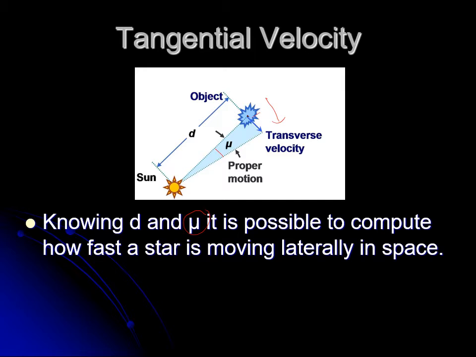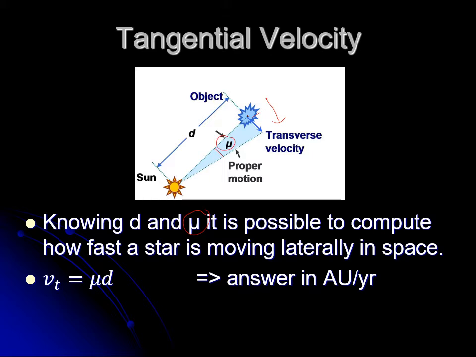So there's a relationship. The relationship is that if you multiply mu times the d, now the mu must be in arc seconds per year and d must be in parsecs. So mu has to be in arc seconds per year and d has to be in parsecs.